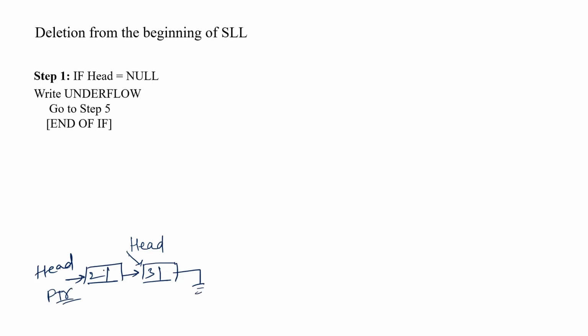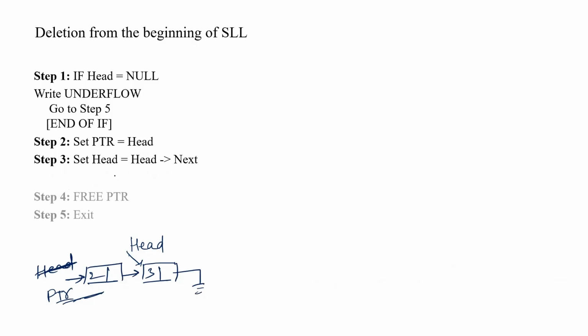Because if we want to delete the node, we have to free this node, and for freeing this node, we have to bring some pointer here. So we will do PTR is equal to head first, then we do head is equal to head to next. So your head will come on the 3. Finally, you can do free PTR and you can exit. In this way, this node will be completely removed from the memory.